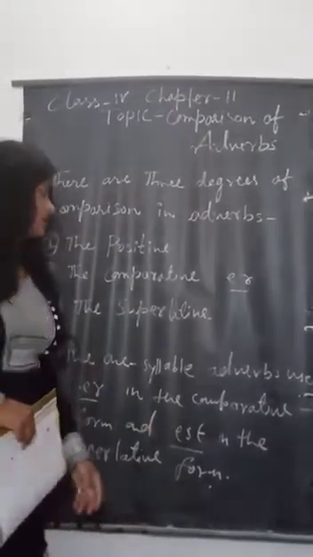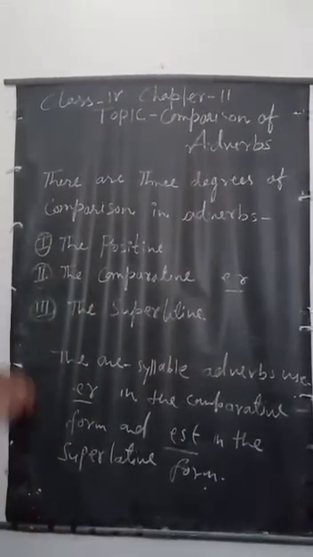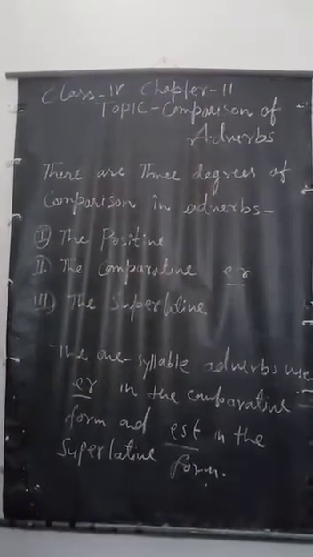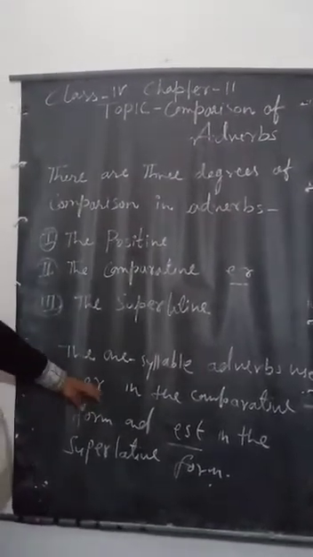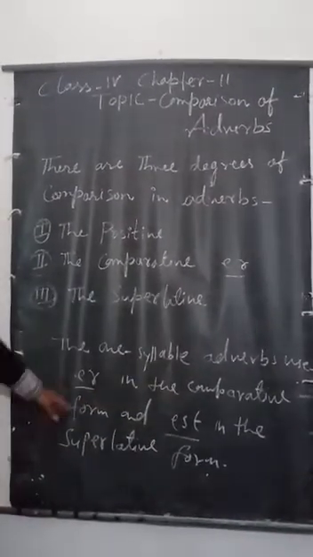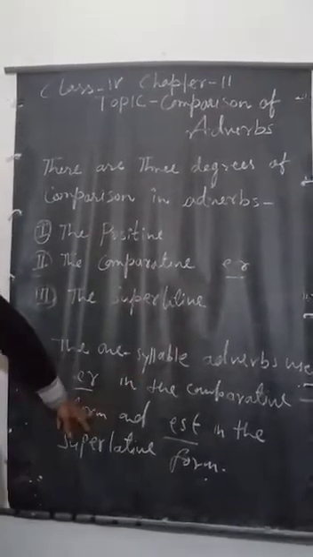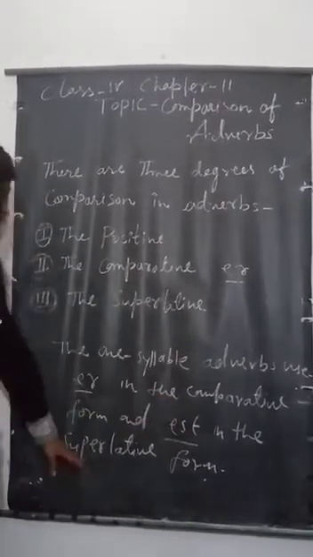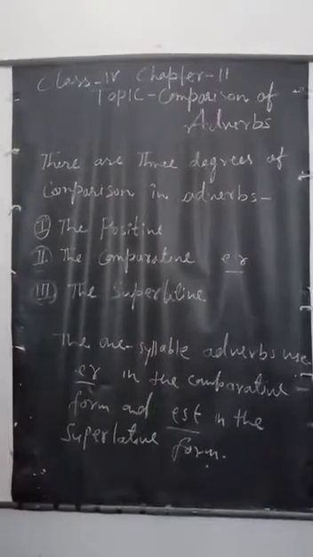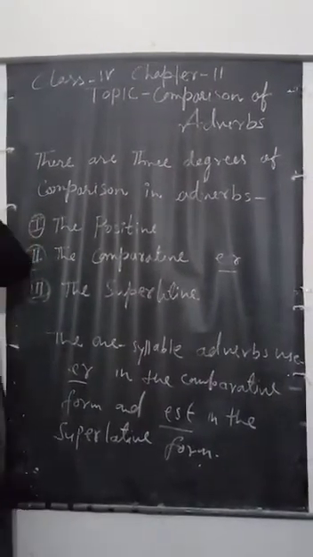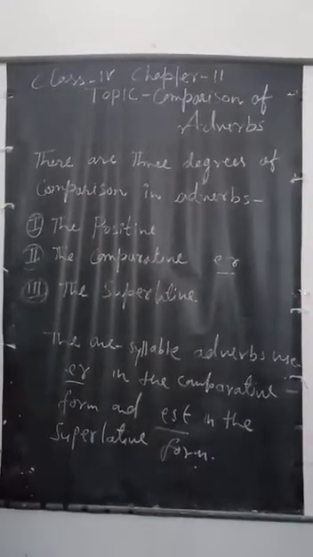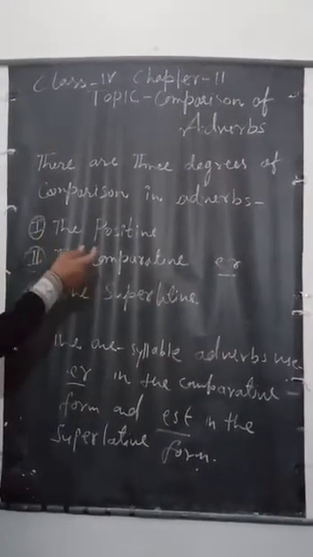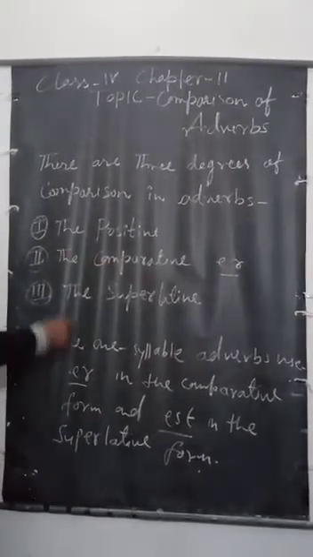2, more than 3. And one-syllable adverbs use er in the comparative form and est in the superlative form. So the adverb forms make comparatives and superlatives using er and est, and more and most.